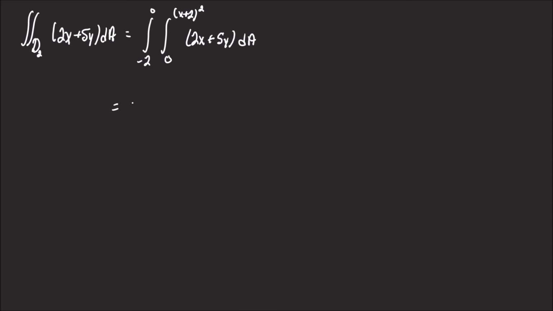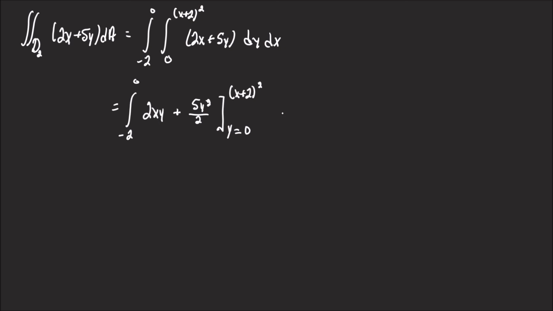So this will give us the integral from -2 to 0. I'm sorry, this is not dA, this is dy dx. So we'll have 2xy plus 5y squared over 2 evaluated y is equal to 0 to x plus 2 squared.